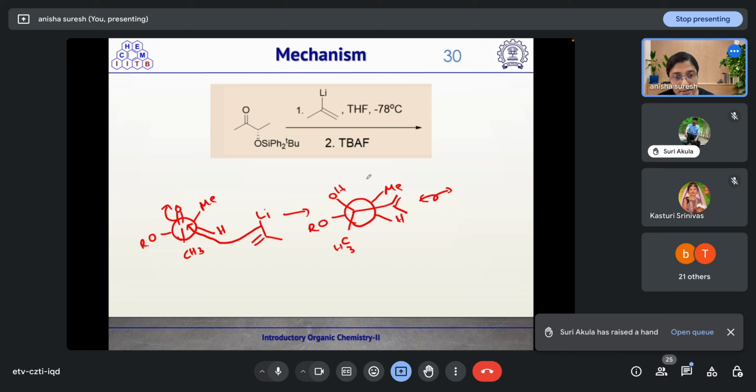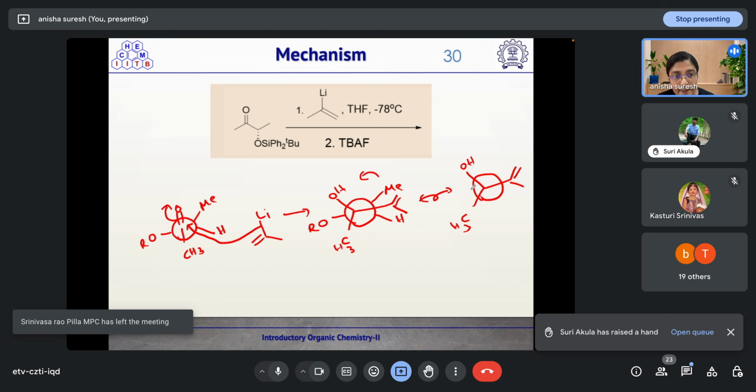We will rotate this back carbon, OH, CH3. The back carbon we will rotate to this side. So Me will come here, OR will come here, and hydrogen will come here.